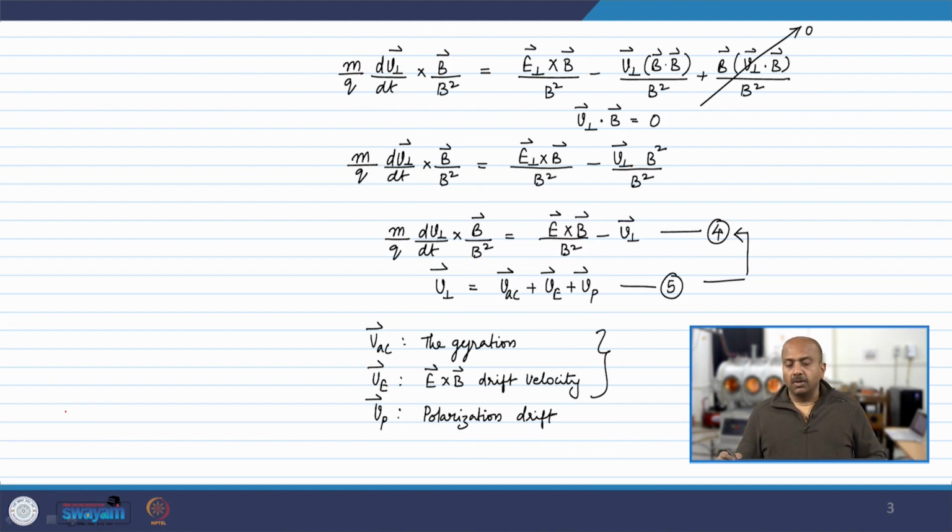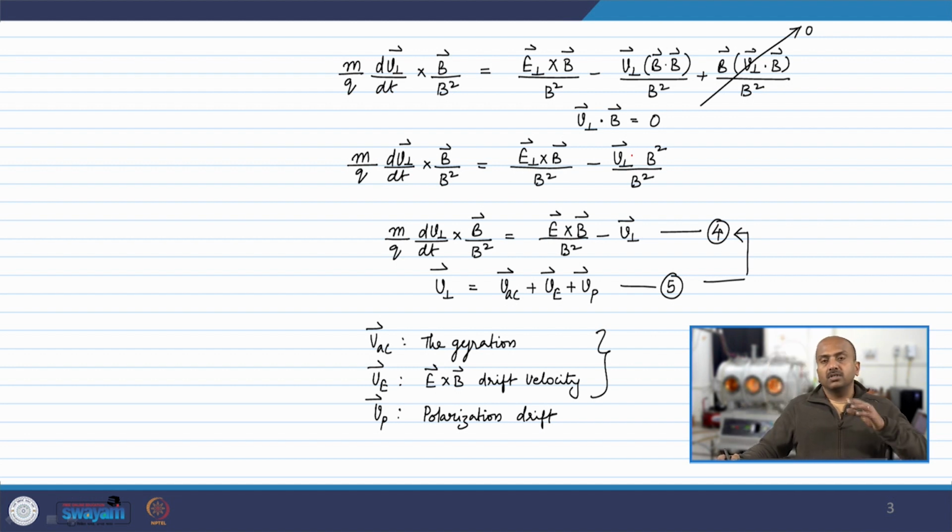When we expand the triple vector product, we get all these terms, and since the perpendicular component is at right angles to the magnetic field, we can make this term 0. Now, V perpendicular is affected by three things: one, an electric field; two, a magnetic field; and three, the time dependence of the electric field.